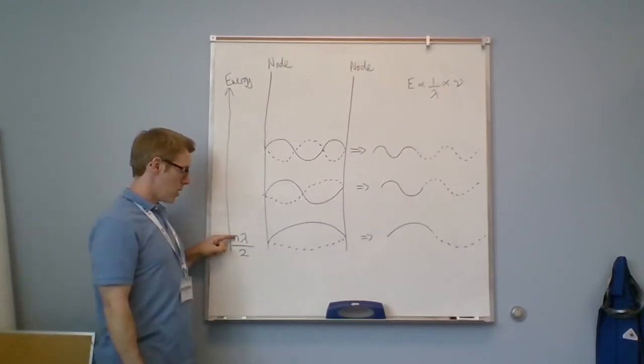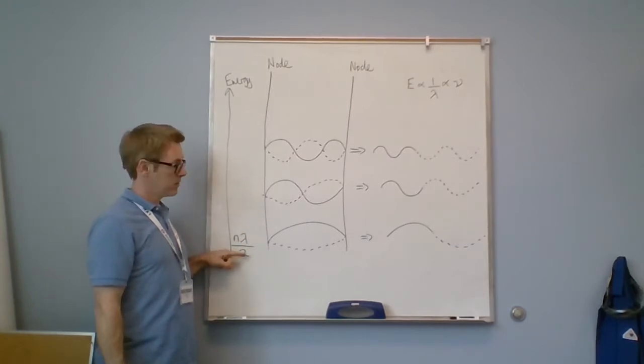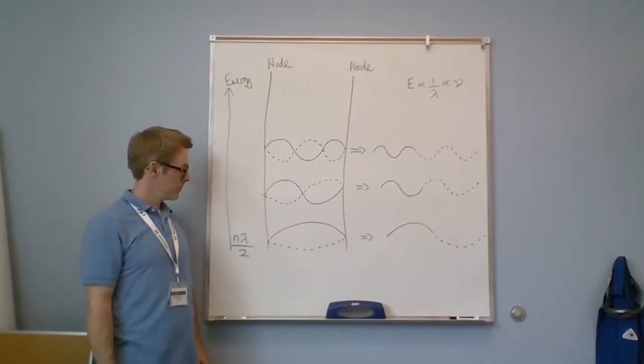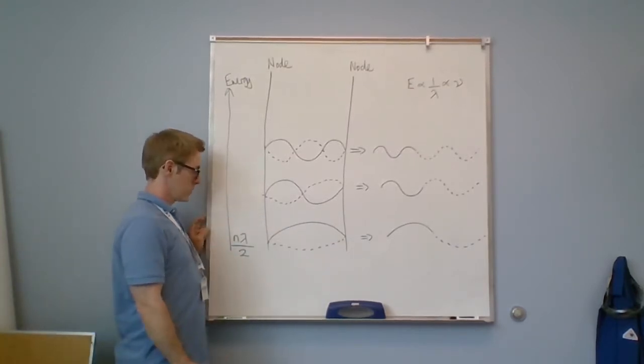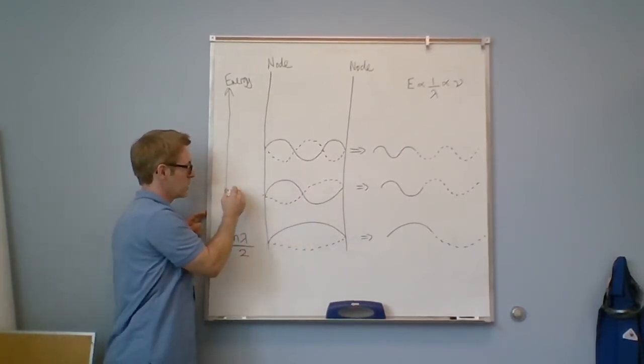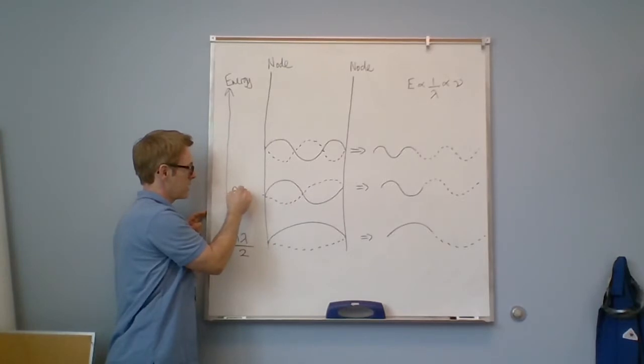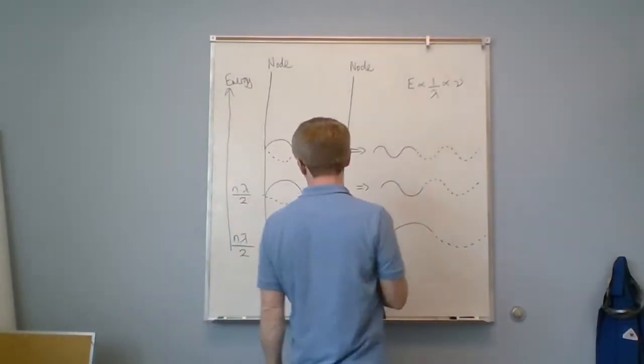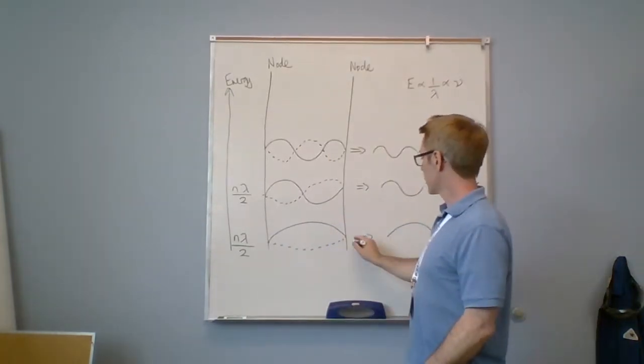So if n is 1, then I've got one half wavelength. Okay. Here, I've got a whole wavelength. So n lambda over 2, where now n is equal to 2.